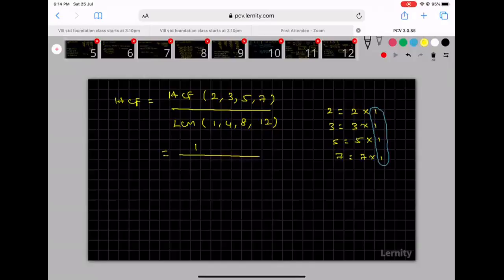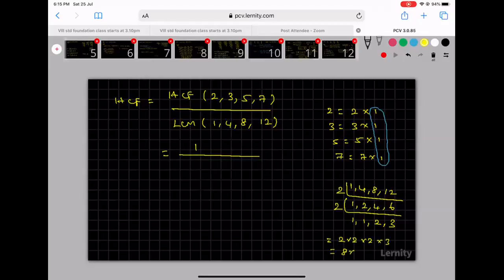Now I want to find the denominator. It is the LCM of 1, 4, 8, 12. If I divide with 2, I will get 2 cube into 3, that means 2 into 2 into 2 into 3.